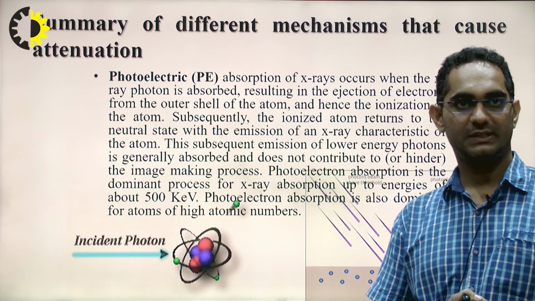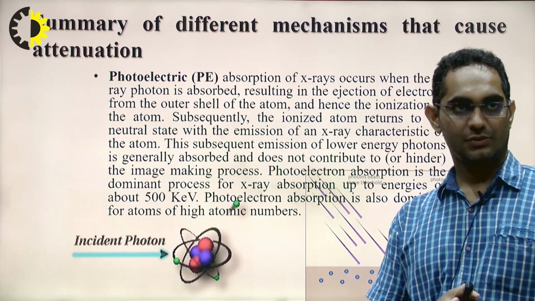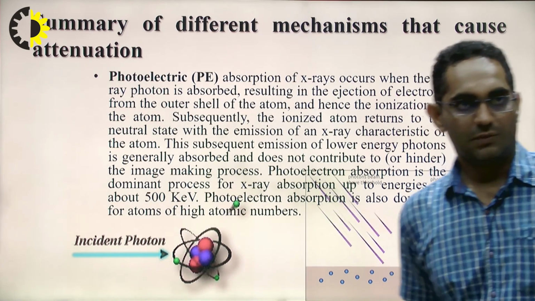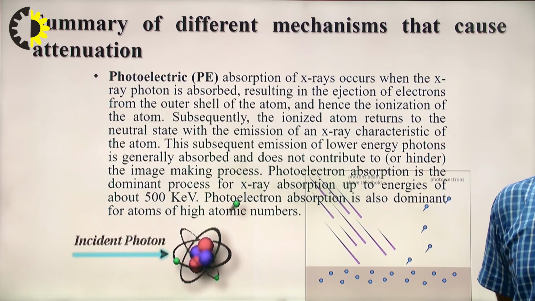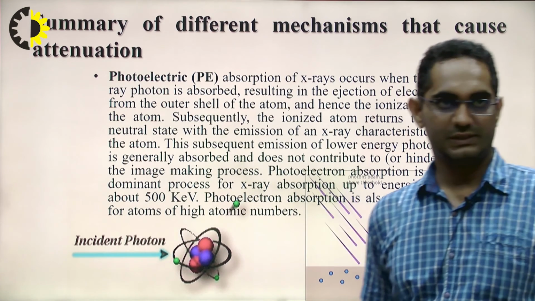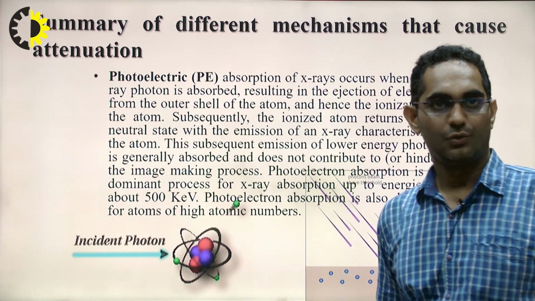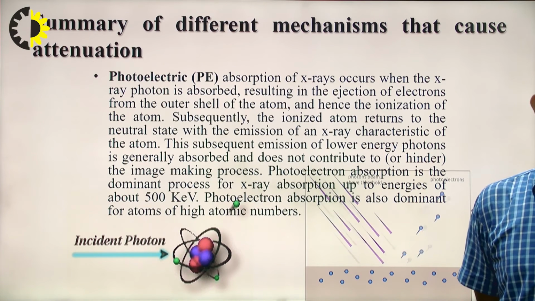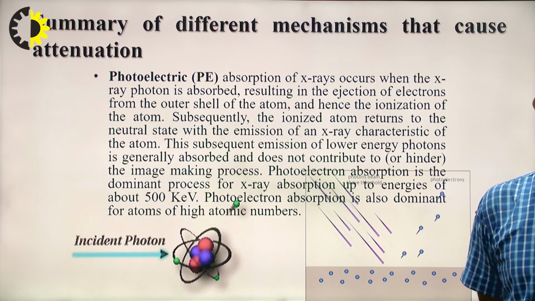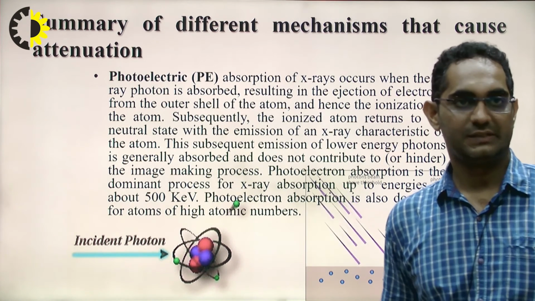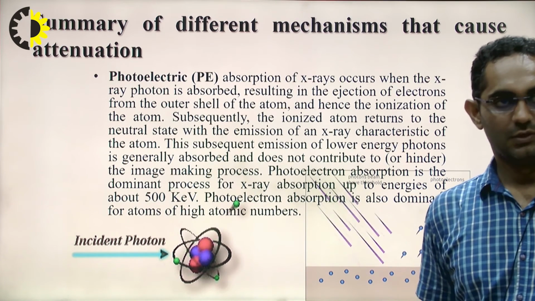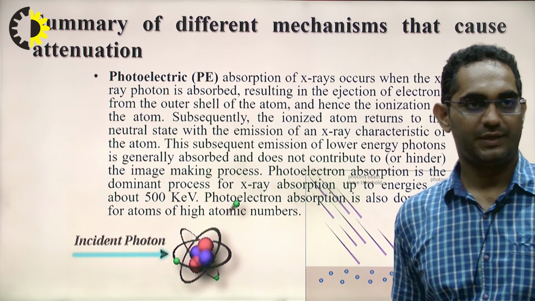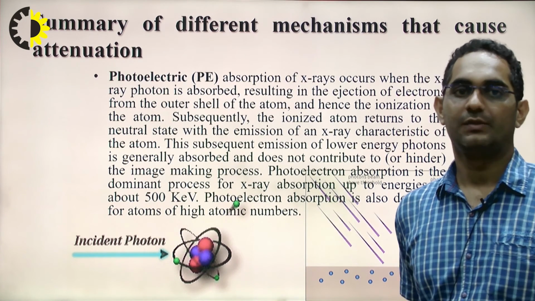Subsequently, the ionized atom returns to its natural state with the emission of an X-ray characteristic of the atom. This subsequent emission of lower energy photons is generally absorbed and does not contribute to the image-making process. Photoelectric absorption is the dominant process for X-ray absorption up to energies of 500 kiloelectron volts, and it is also dominant for atoms of high atomic number.